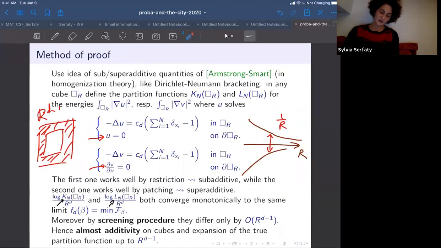It means that once your configuration solves this, when you sit far away, you don't feel any field generated by it. And so the screening procedure is quite technical, but it allows you to show that you can do this replacement one into the other without changing the energy very much. And so these two things are not so different.